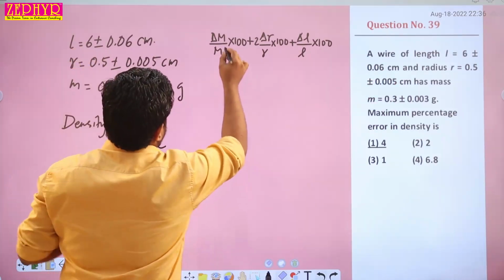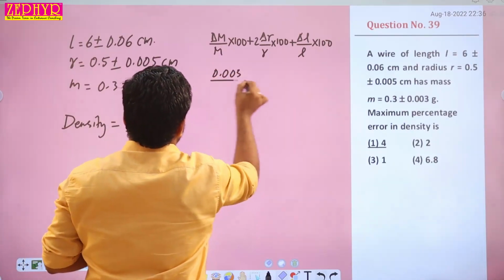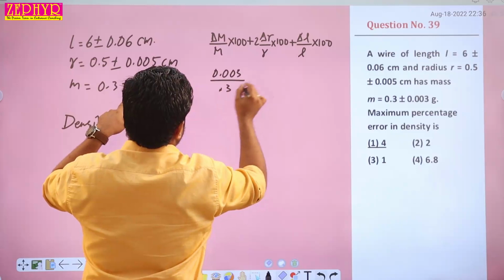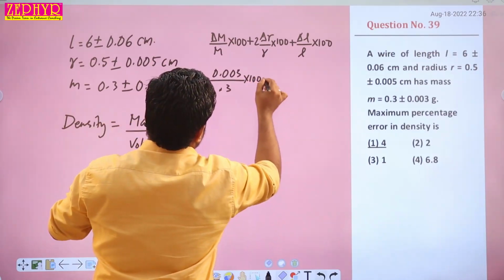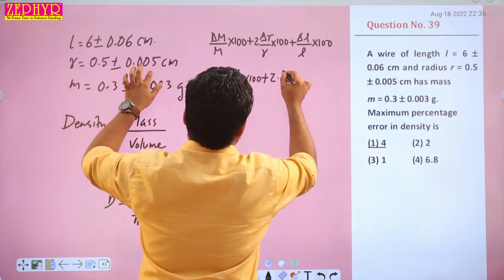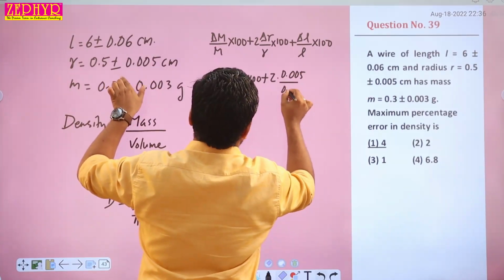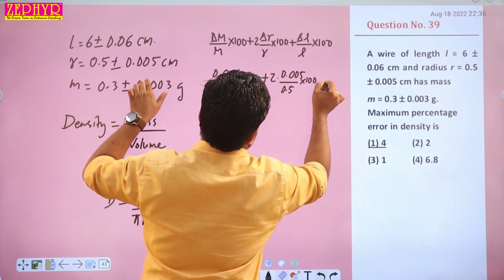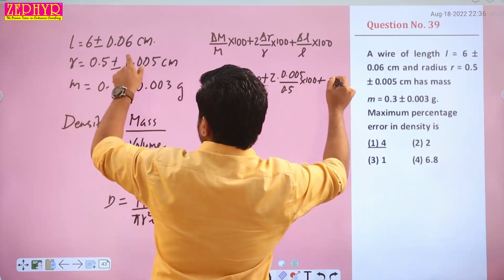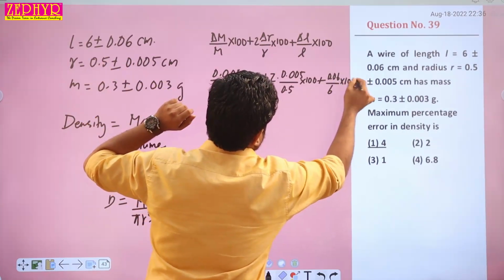Delta M divided by M is 0.003 divided by 0.3, into 100, plus 2 into 0.005 divided by 0.5, into 100, plus 0.06 divided by 6 into 100.